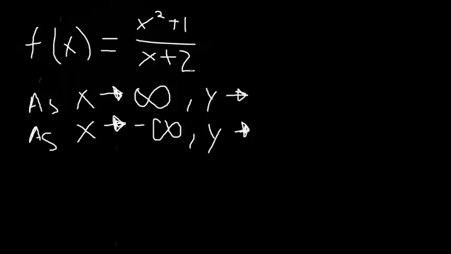So we call them even and odd. This is even because the top part, the degree of 2, is an even number. And this is odd because the degree of 1 is odd.